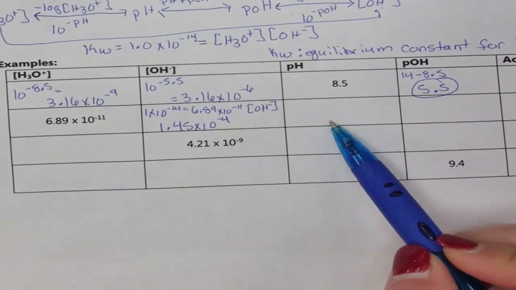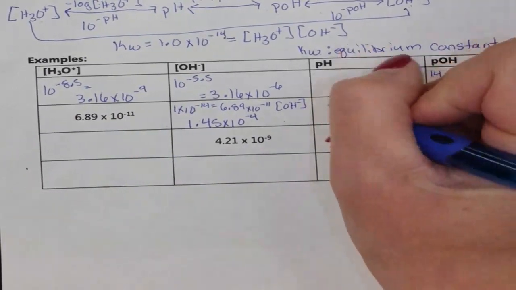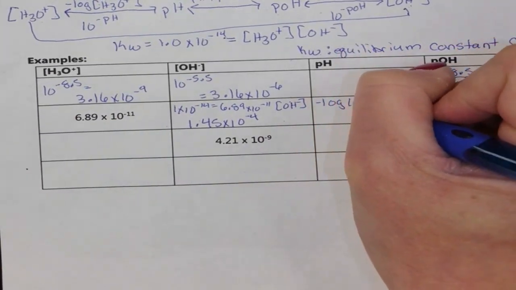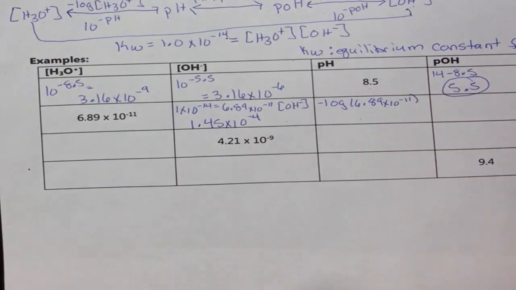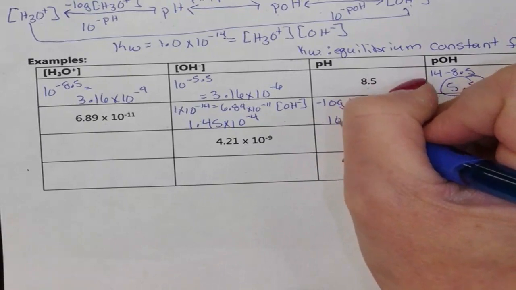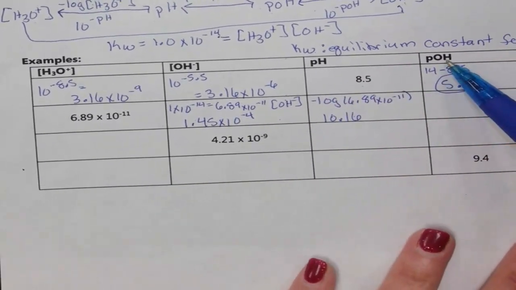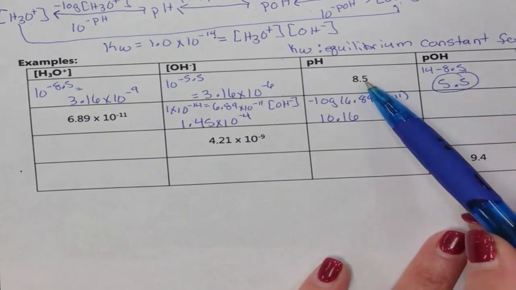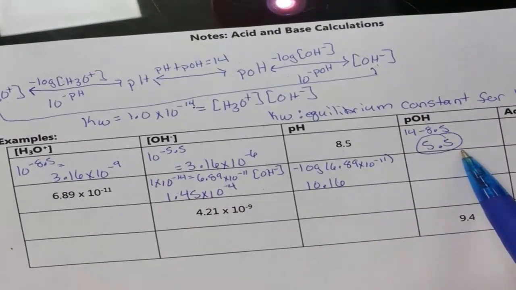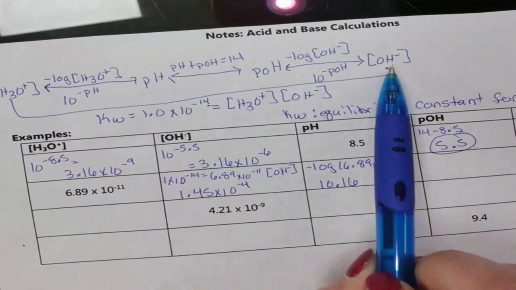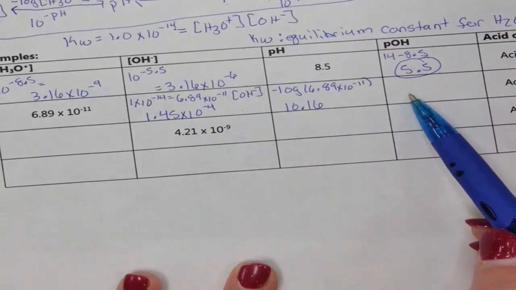To find my pH, I can take the negative log of my H3O+, so the negative log of 6.89 times 10 to the negative 11 gives me a pH of 10.16. My pOH, we've already seen, I can get by subtracting the pH, but if we have the hydroxide, we could also take the negative log. Let's practice doing this one a different way.